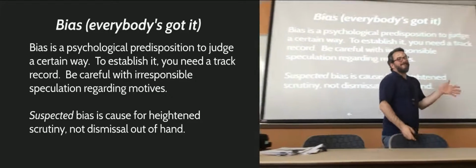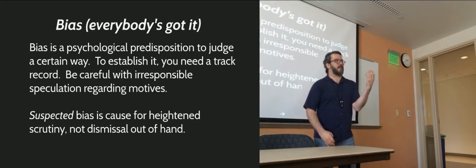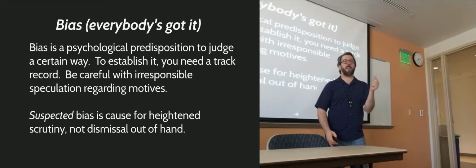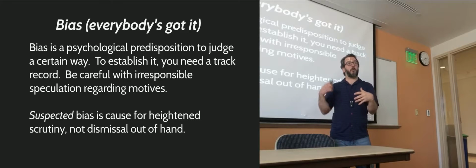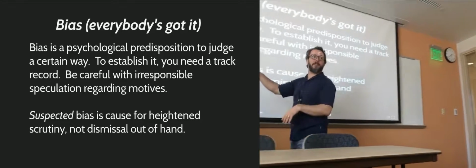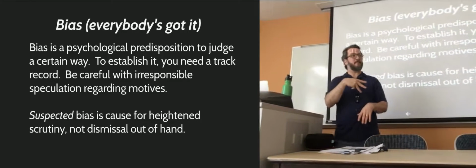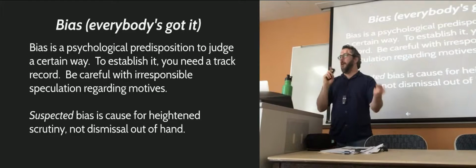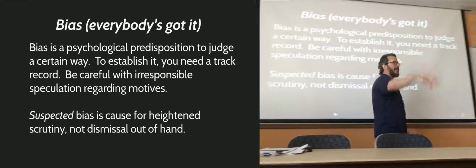For example, if anybody's done some media literacy stuff, you might be aware that there's a phenomenon, especially in television news, that stories about kidnapped young women, when those young women are pretty, and when they're white, and when they're blonde, those stories get way more press than when they're not pretty, or when they're not white, or even when they're not blonde. This is a bias that almost all television reporting succumbs to, and it's not the sort of thing that you can casually accuse.